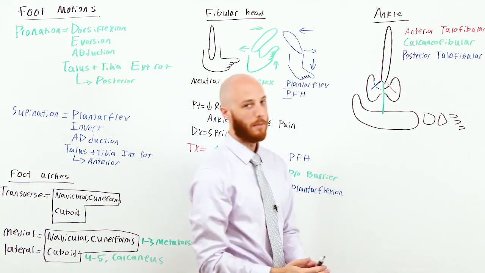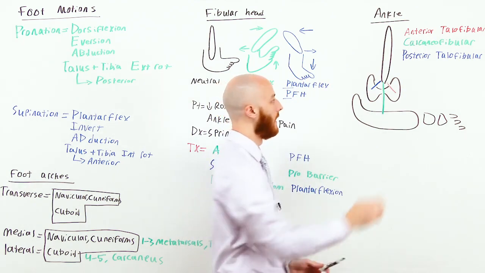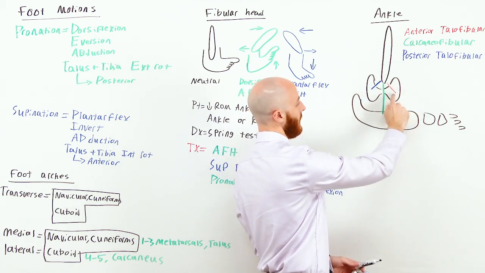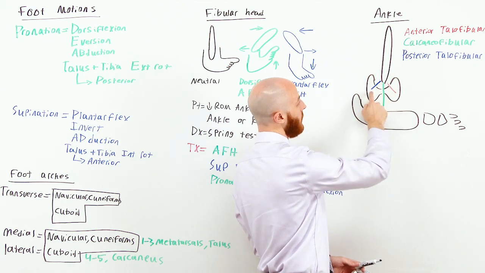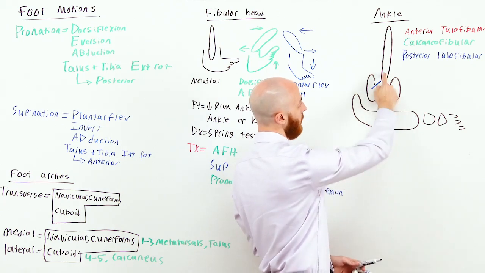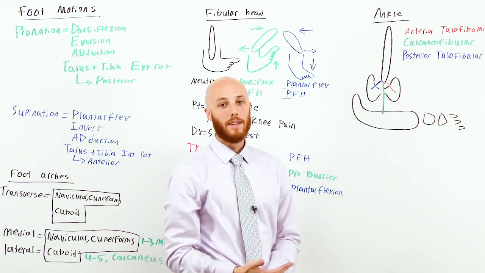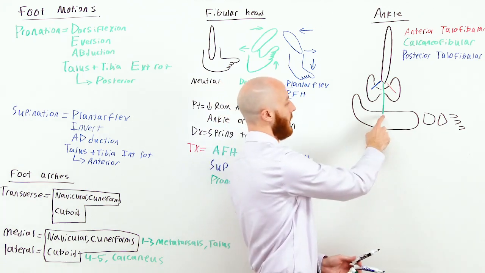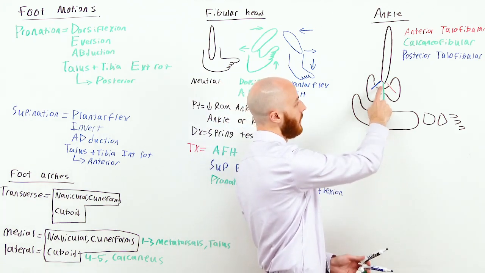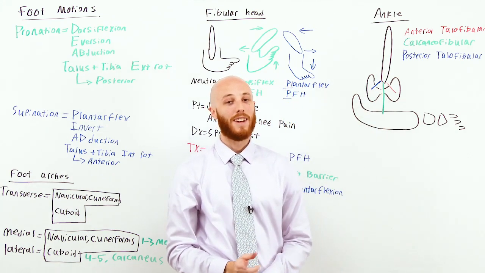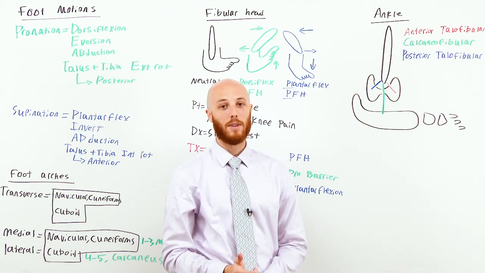So the name of the ligament gives away where it's located. Anterior talofibular is on the anterior side, connects the talus to the fibula. Posterior, the same reason. Calcaneofibular, exact same. The reason that I point these out is so that you can know where the attachment and the origin of the ligaments are. So this is the final time that we have any counterstrain points.